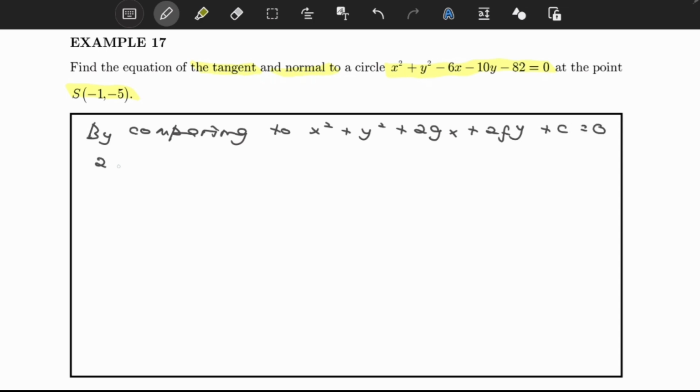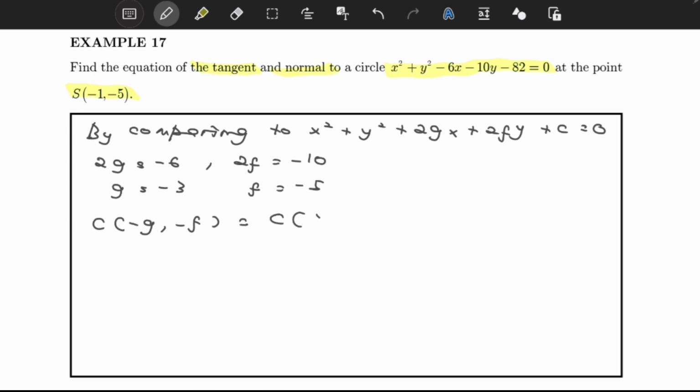So we have 2g equals -6, therefore g equals -3, and 2f equals -10, so f equals -5. The center is given by -g, -f, so our center is 3, 5.